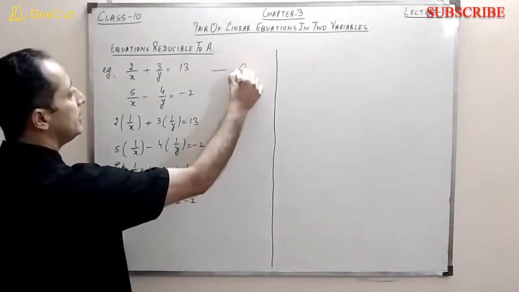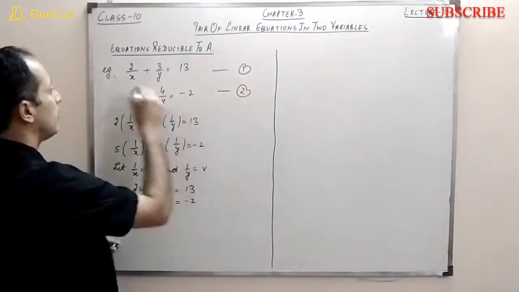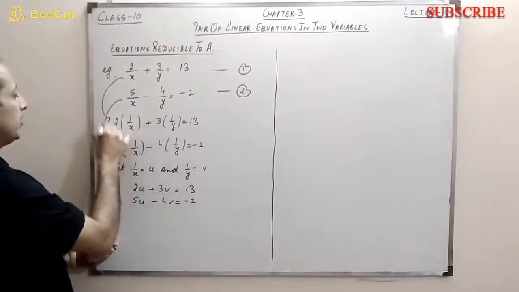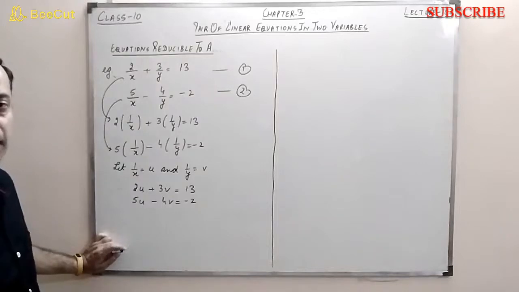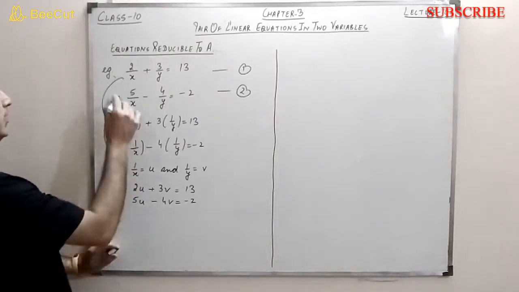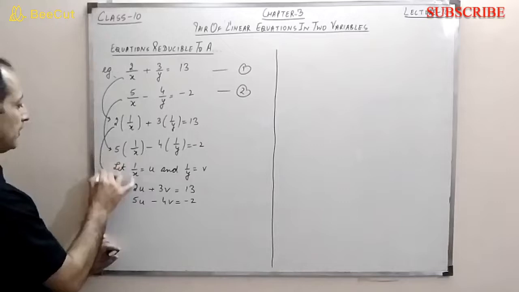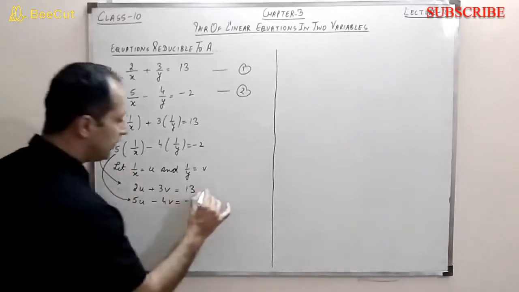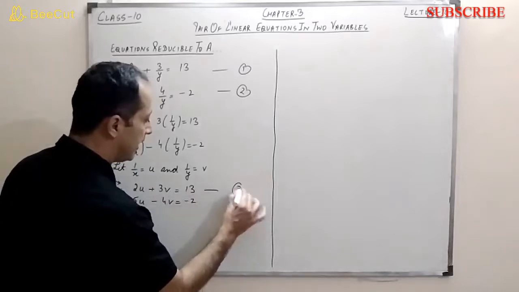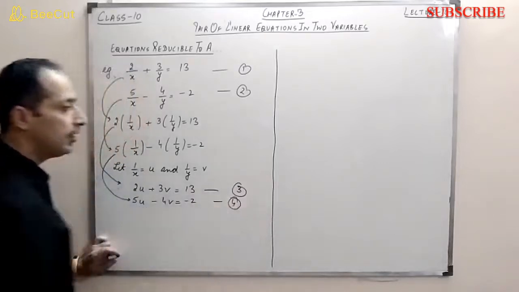So these were my original equations. From here I got this one, from here I got this one. After substituting 1 upon x equals to u and 1 upon y equals to v, this equation transformed into this one, and this equation transformed into this one. So it means I have the new set of equations, the third and the fourth one.